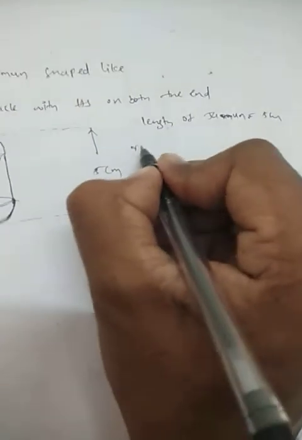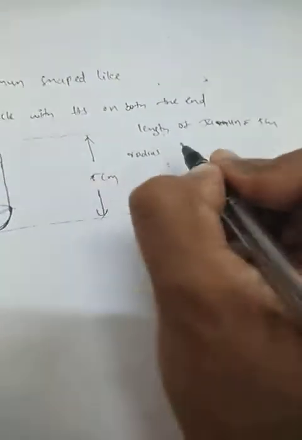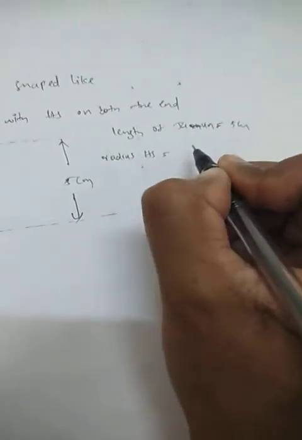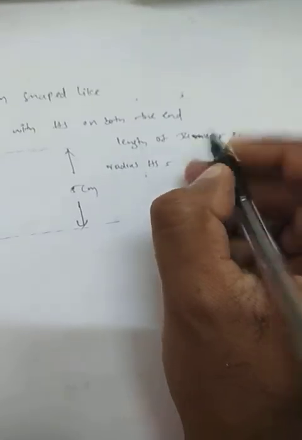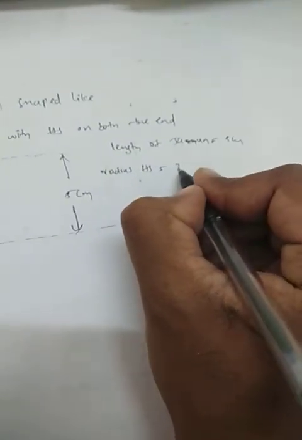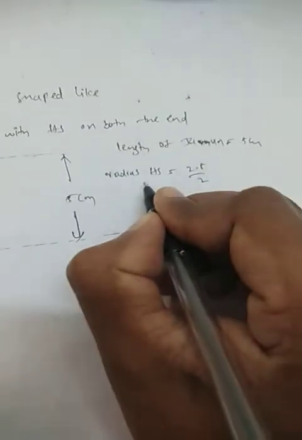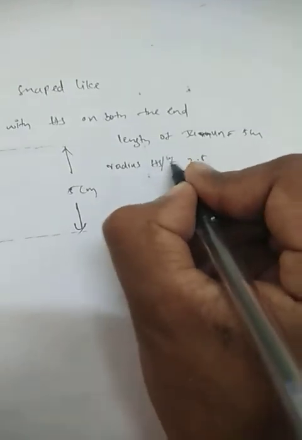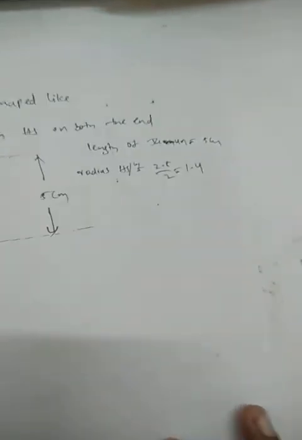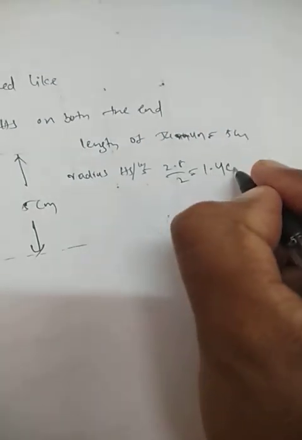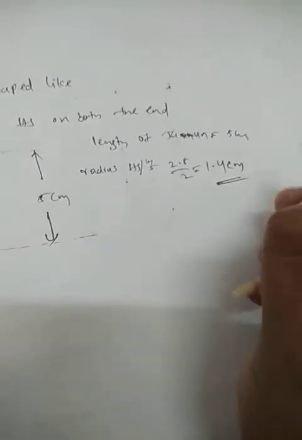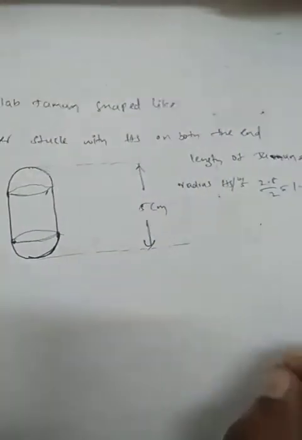Next, the radius of the hemisphere will be 2.8 by 2, which is 1.4. The radius of the hemisphere or cylindrical portion is 1.4 centimeter, since the diameter is 2.8.